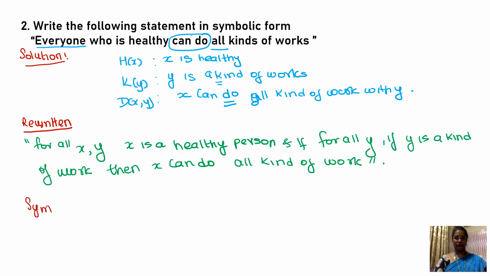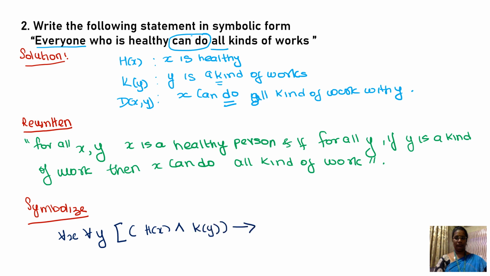Symbolizing it, I write: for every x, for every y, x is a healthy person is H of x, and y is a kind of work is K of y, then x can do all kinds of work along with y, so it is D of x comma y. I hope you have understood this example also.